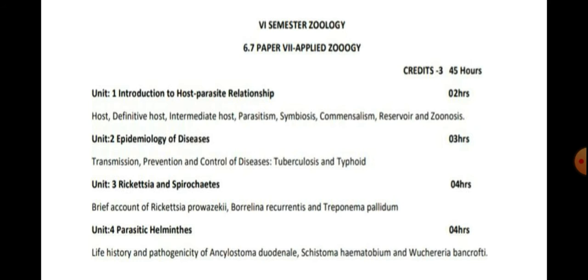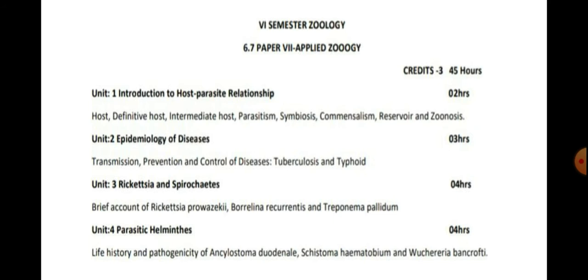So what are parasites? Parasites are the organisms which depend on other organisms for their food and shelter. These are the organisms which cannot have their own food and their own shelter. So they depend on another organism, and the organism on which these parasites are dependent is called the host.